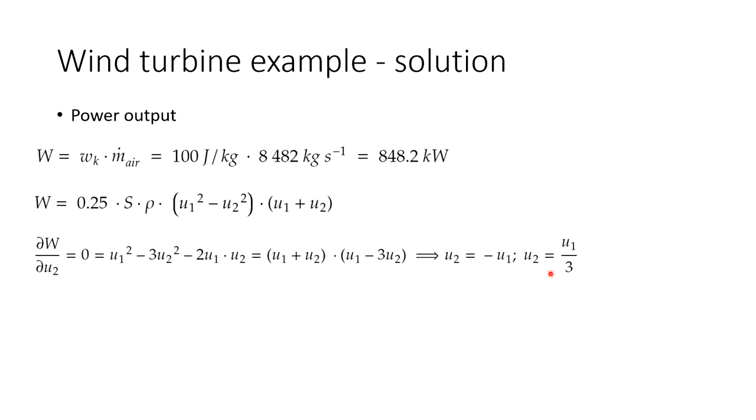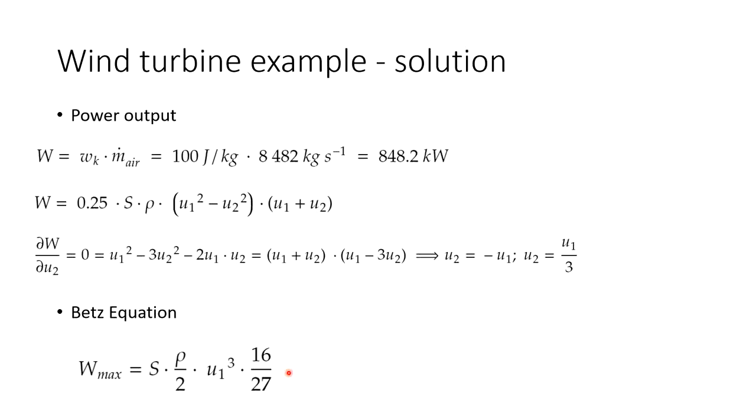So this is the point of the maximum power output, and if we insert this u1 divided by 3 back into the original equation, we will get something called the Betz equation, where the maximum power which can be extracted from the wind is the surface area, density divided by 2, u1 to the power of 3, and 16 over 27, which is roughly 0.59 or 0.6.